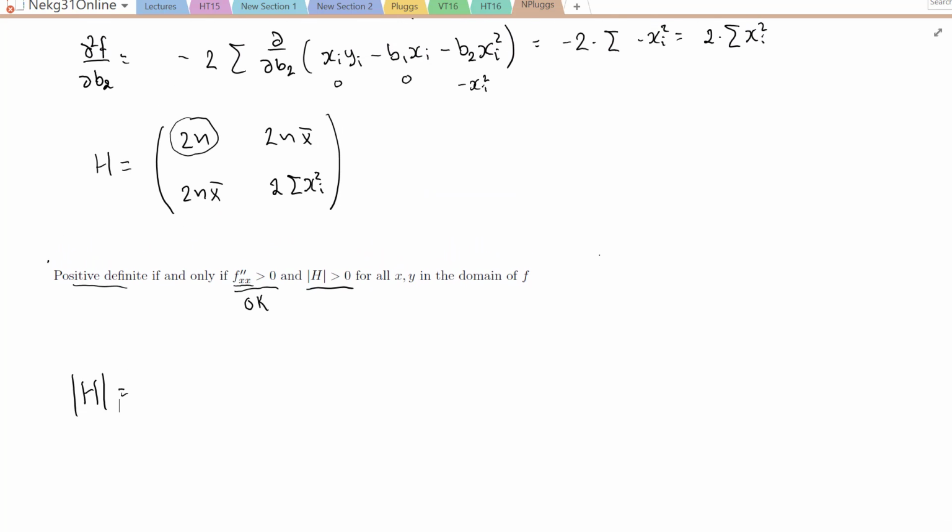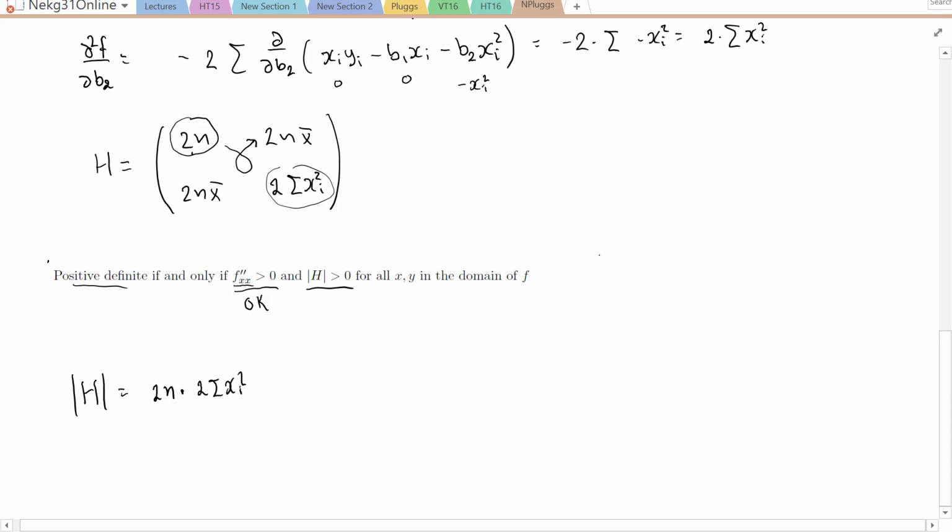So the way I remember it is, think about it in terms of this symbol here. So you do 2 times n, that's the first element. You multiply that by this element, so times 2 times summation xi squared. Then you do a minus sign, and you move on to this element, 2n x bar, and then you go to this element, 2n x bar.